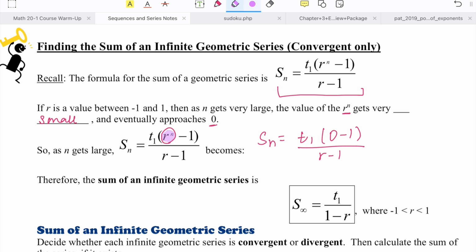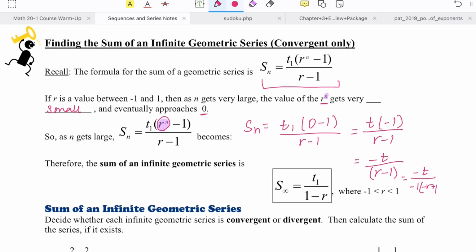We only converted this to 0 because it has n, which keeps getting bigger and bigger. That means we have T1 times -1 over (r minus 1), which is -T1 over (r minus 1). Or if I factor out a negative from my denominator, I'll have -T1 over -(1 - r)... that is, -T1 over -r plus 1, right?